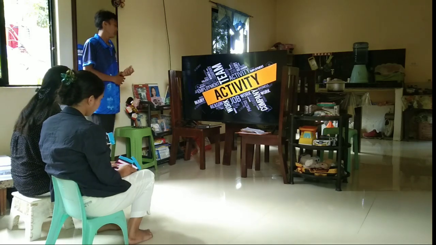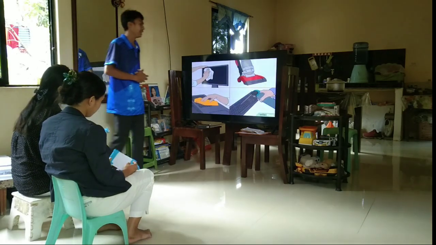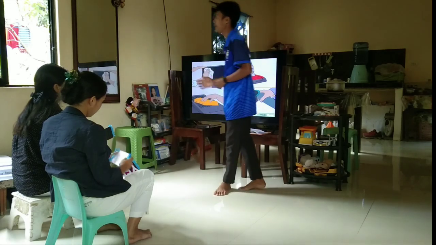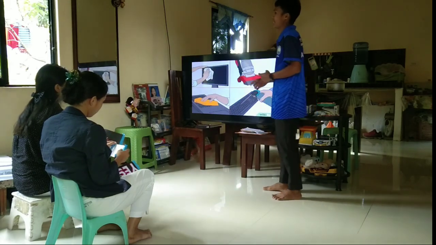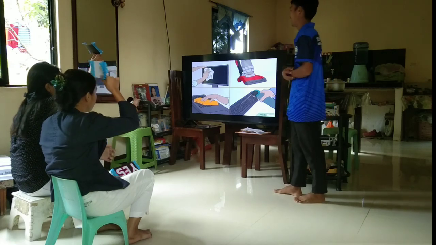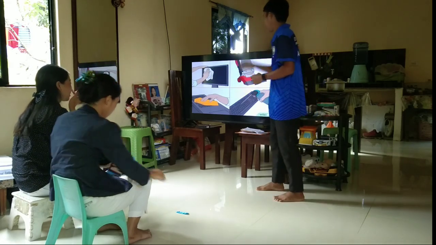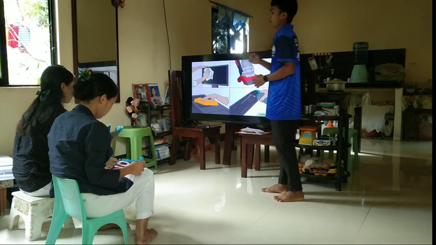Okay. So the first picture is this. What do you think, is this picture proper or improper inside the computer laboratory? Okay. So you both answered no. So your answers are correct.